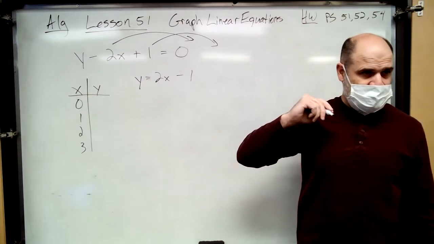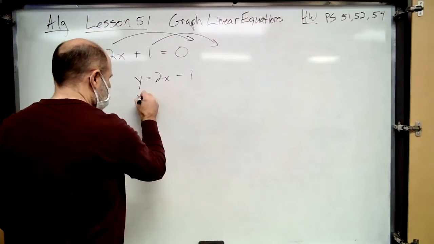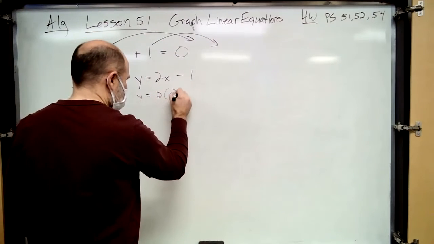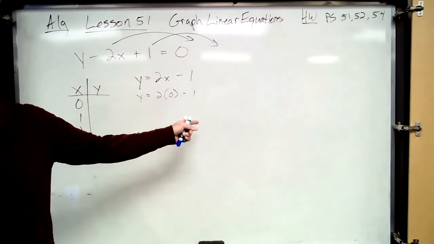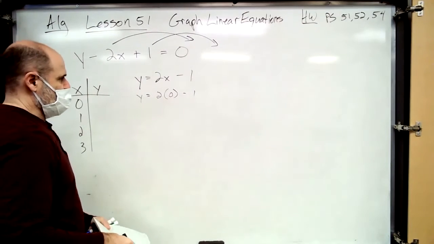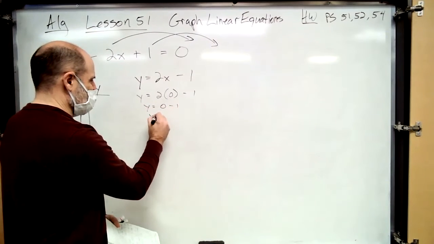Negative 1? Is that what you said? You're right. So if x is 0, then y equals 2 times 0 minus 1, right? So now you have to figure out what y goes with that x, which is 0. So y equals 0 minus 1. So y equals negative 1.